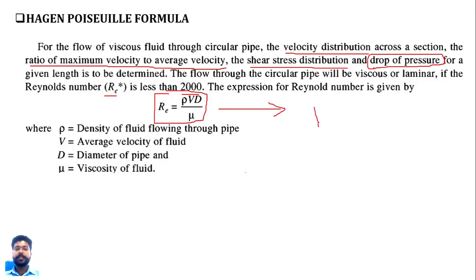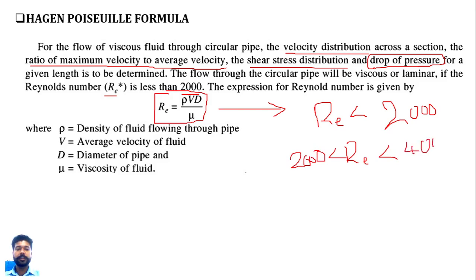We have three types of flow. When your Reynolds number is less than 2000, that is laminar flow.